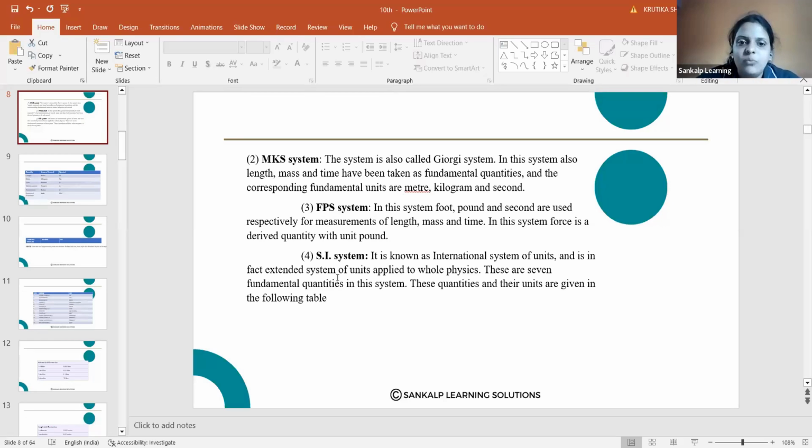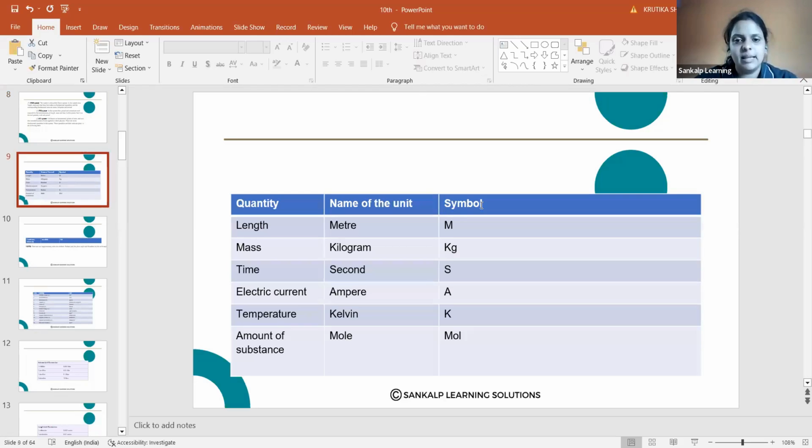Now, to avoid the confusion among all these systems of units, we have one system, which is the SI system of units. The SI units are kg, meter, second, ampere, Kelvin, mole and candela.